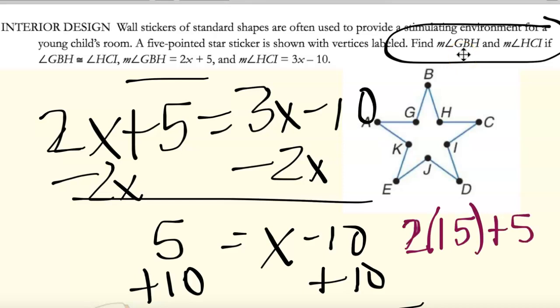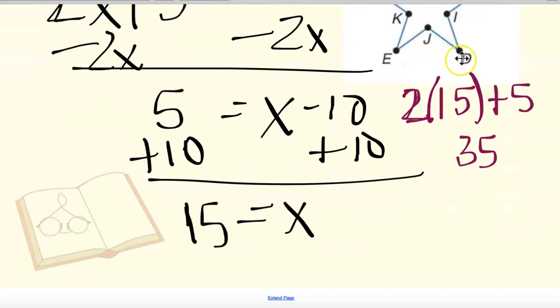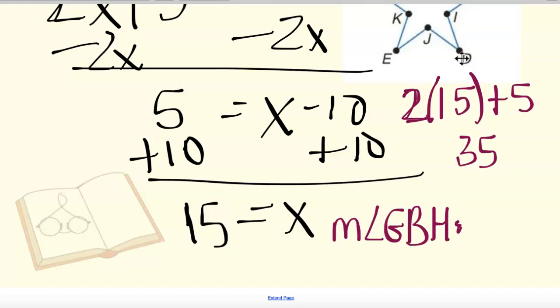That is going to give me the measure of the angle. So 2 times 15 is 30, 30 plus 5 is 35. So we would write our answer: the measure of angle GBH and the measure of HCI is equal to 35 degrees.